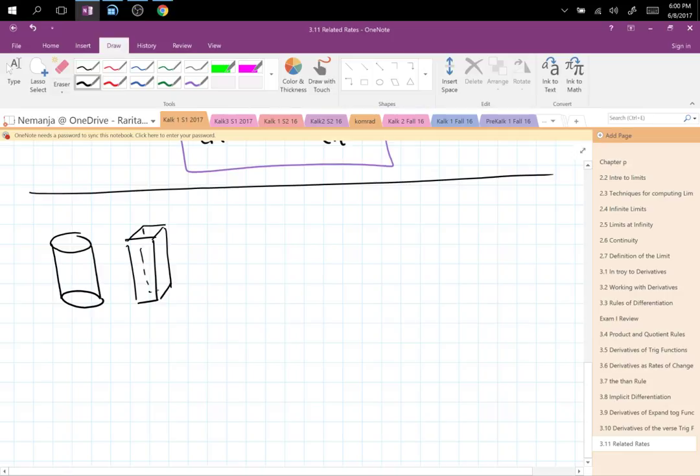All of these objects have the base B and the height h. And the volume for such objects is B times h, where this B is the area of the base.